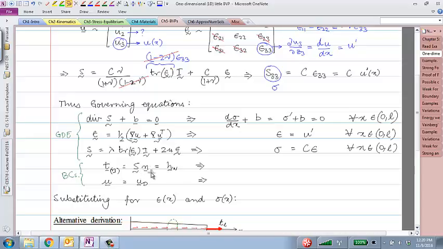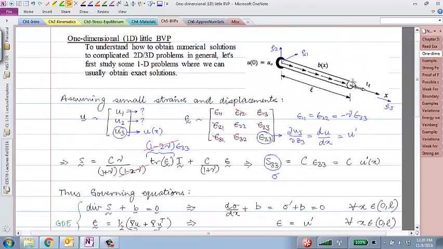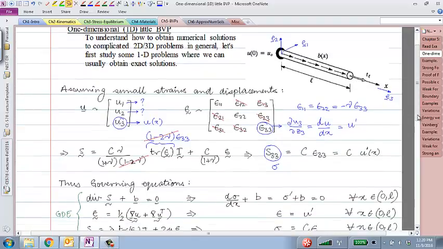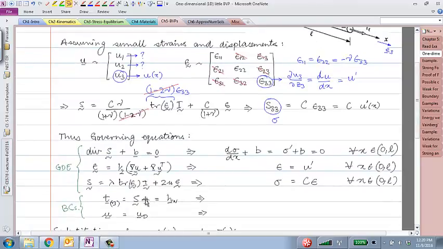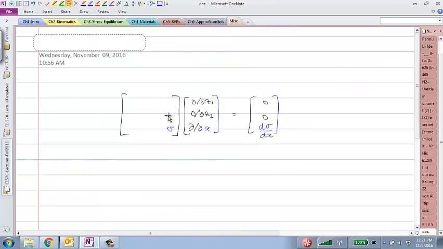What is n? What is the normal n on this face? E3. Which means that S acting on n would be what? So this S with sigma in the 33 component, E3, just as you said, is 0, 0, 1, which gives me the traction which would be equal to 0, 0, sigma.